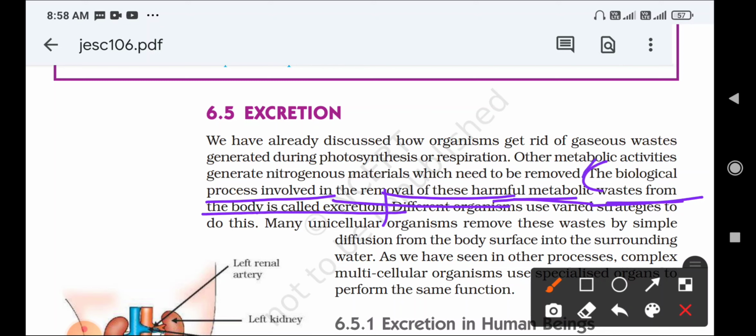What is excretion? You can write: the biological process that involves the removal of harmful metabolic waste from the body is called excretion. Simply we can say that unwanted or useless substances removed from the body is called excretion.